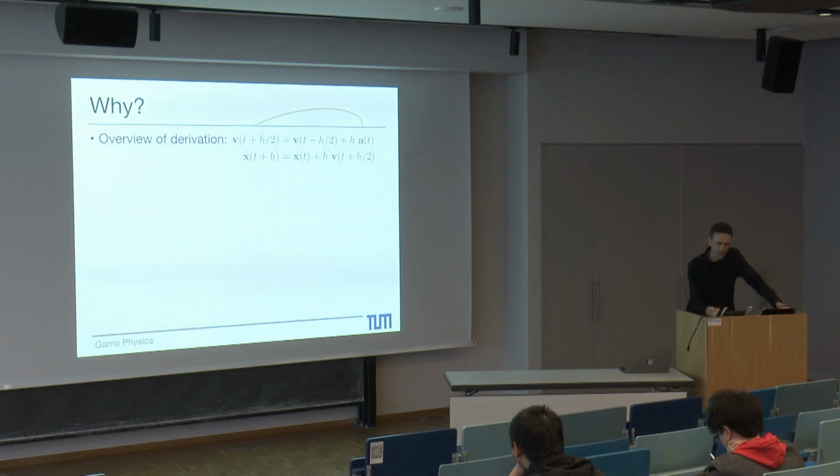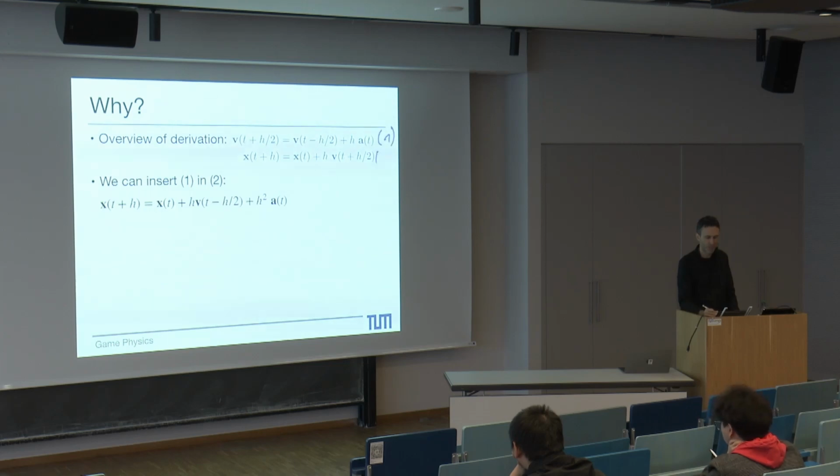If we start with this shifted evaluation by half a step, the first thing is we can number these, equation 1 and 2. And if we now insert the equation for the velocity in the second equation, you just get basically these terms multiplied by h, right?